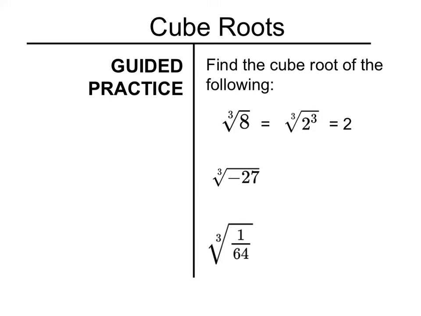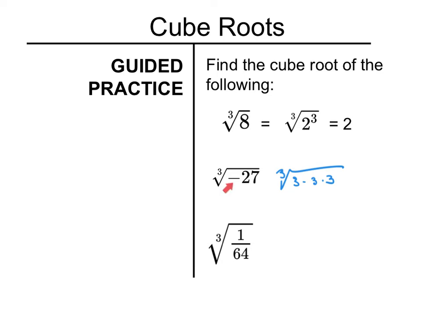Okay, we've already done the first problem, the cube root of 8. The cube root of 8 is 2 times 2 times 2, which is 2. But one thing we have to consider when we're doing cube roots is that we sometimes might have a cube root that is a negative. So in this case, I know that 27 is a perfect cube, and that is 3 times 3 times 3.